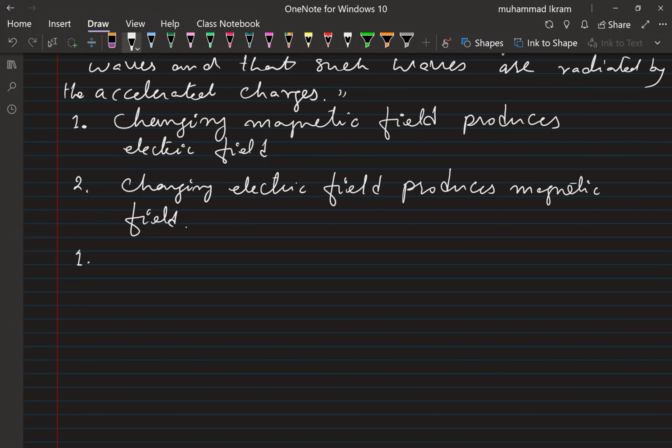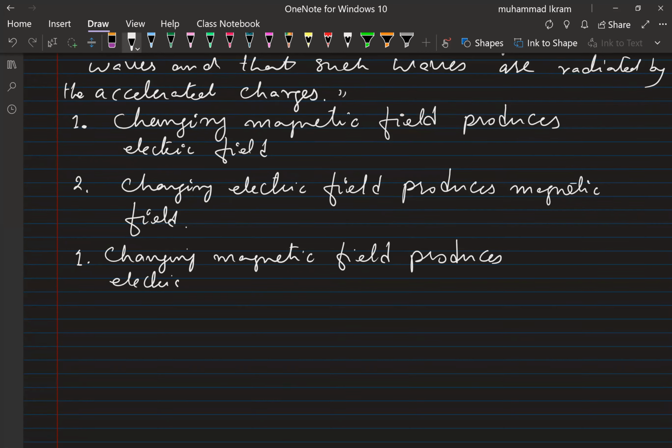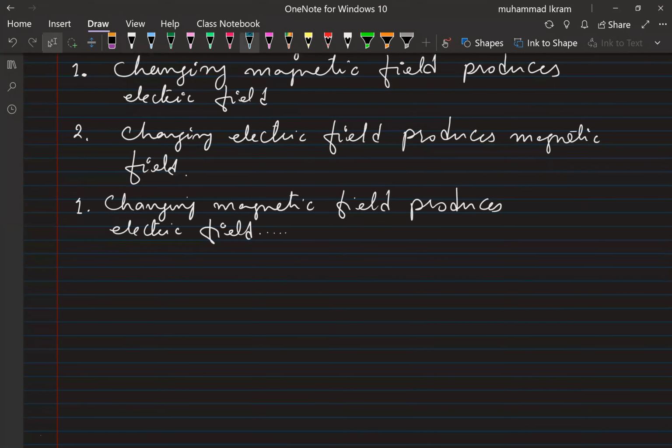Now let us see the first part: the changing magnetic field produces an electric field. Here I will explain this to you.